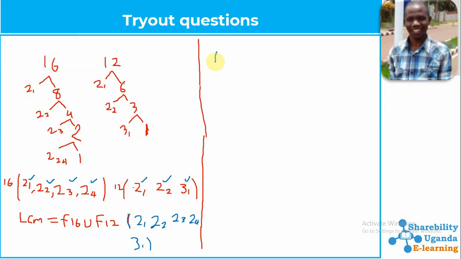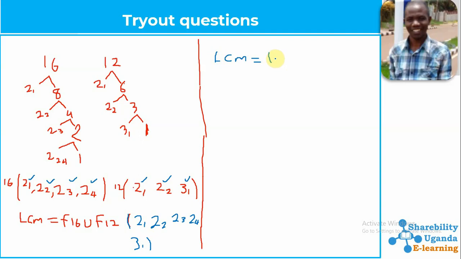Now after identifying and listing out our union of sets, we continue and say that our LCM is going to be equal to the multiplication of our prime factors, because this means the lowest common multiple, which comes from multiplication.